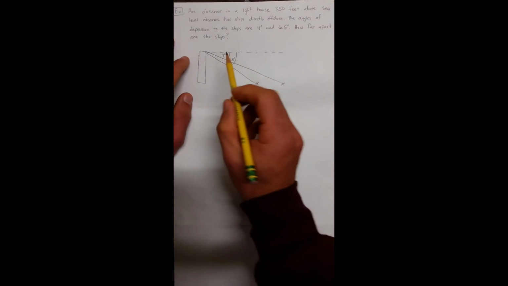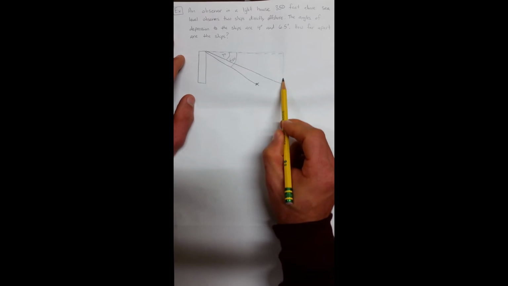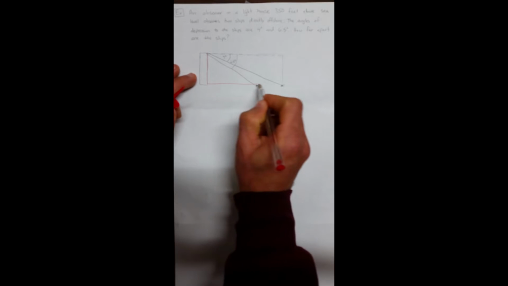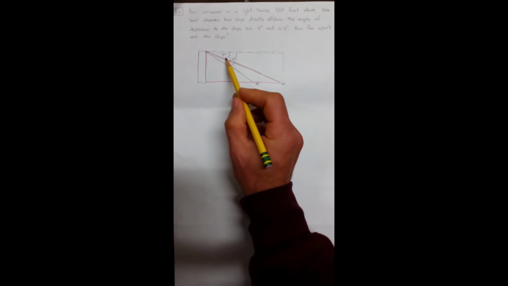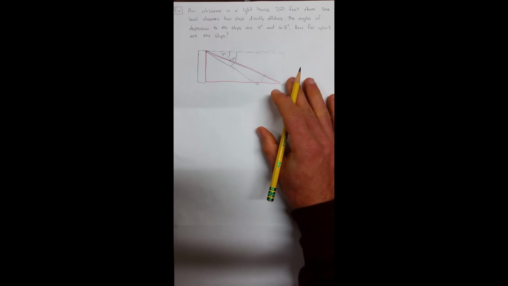Alright, and so I'm going to use right triangles to help me solve this problem. Now, knowing what I know about geometry, I know that if I look at this triangle here, that essentially is the same thing as this triangle here. And I would be looking at an angle of 4 degrees here, which means this is also 4 degrees.